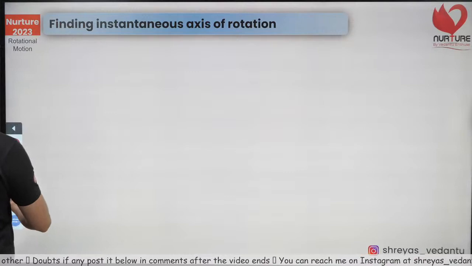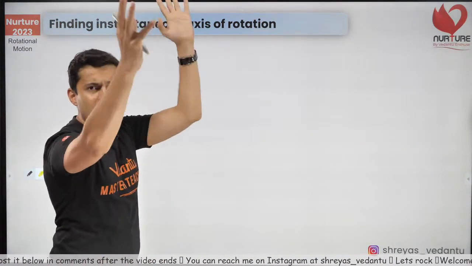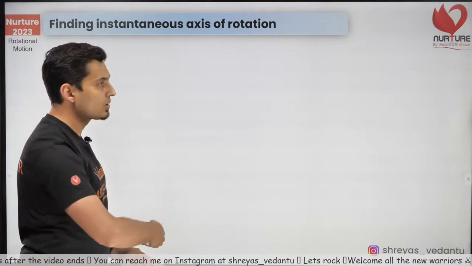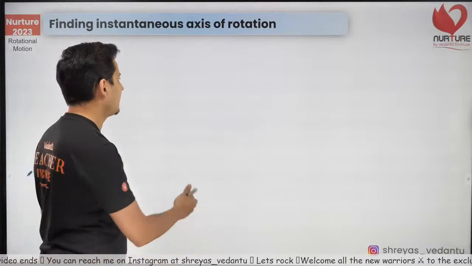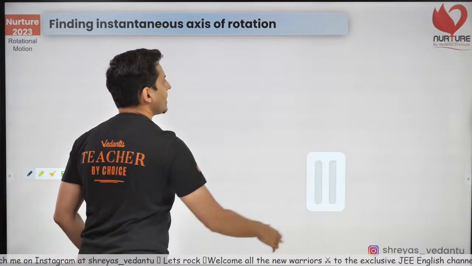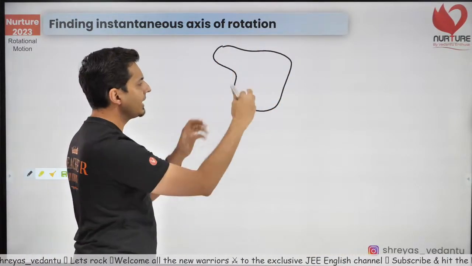So all the points have the same omega but different velocities because V is omega r, omega is the same. How do you find this? Very interesting technique. I'll tell you what you should do. Just imagine I throw some body. I throw some bottle, some compass, some remote, some duster, some pen. Doesn't matter. It's going like this. It's rotating and translating. At some instant, there is some body over here, rotating and translating.